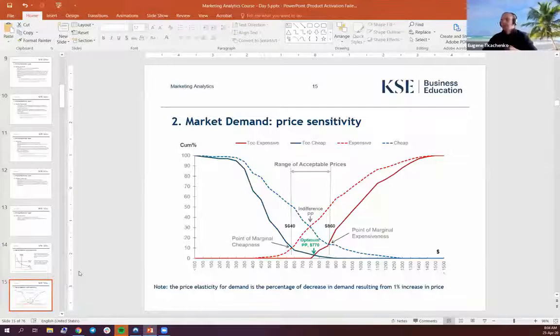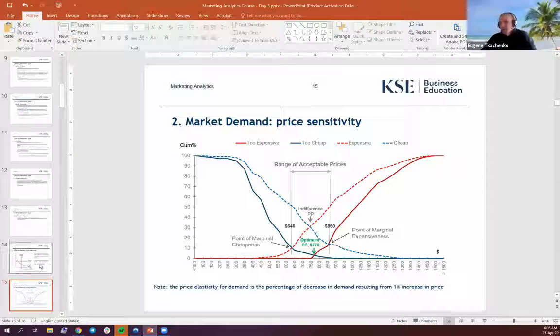So the whole point of, first of all, estimating your total market demand, as well as understanding what kind of pricing elasticity you're dealing with, is to estimate the range of acceptable prices, where you can come up with the optimal price for your product, where you will be maximizing your margins, but at the same time you won't be losing your long-term positioning, or you will still be achieving your overall marketing objective for any given year.